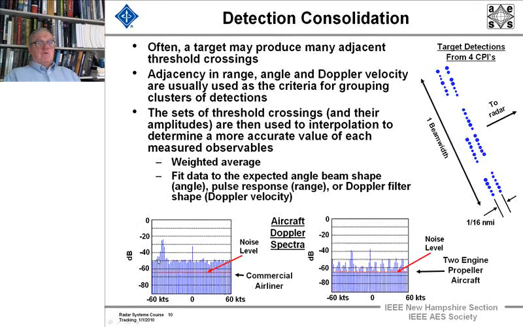And we held the beam of the radar fixed, and we looked at where aircraft would be taking off and landing. And we did this to measure the spectra of aircraft, the Doppler spectra. And this is in relative dB, and the noise level is marked in each case. And this was the spectrum of a commercial airliner.